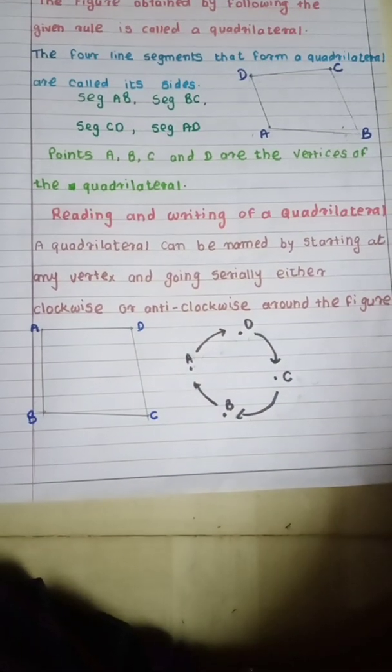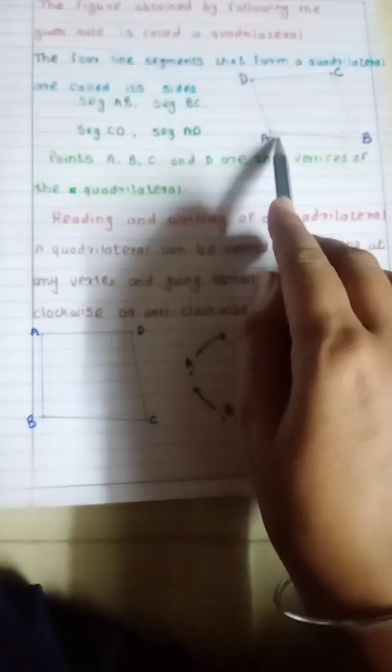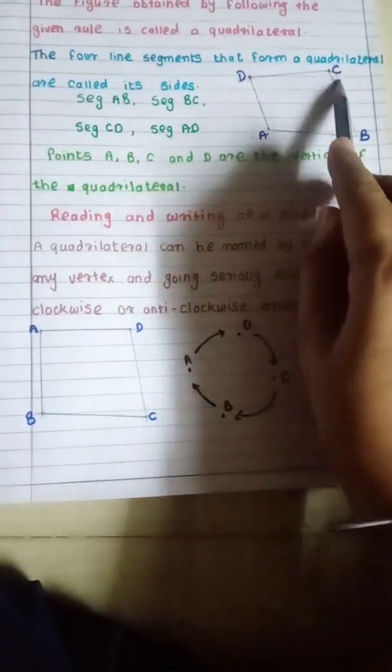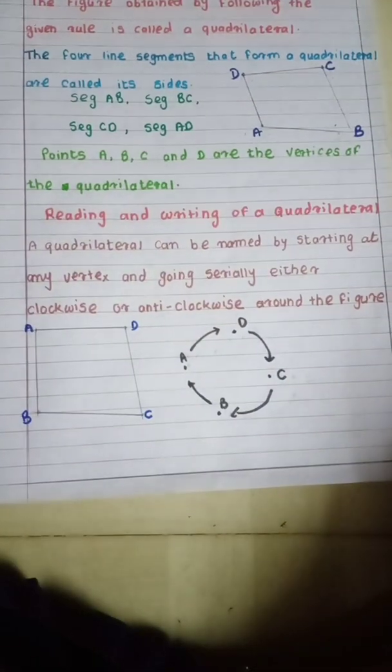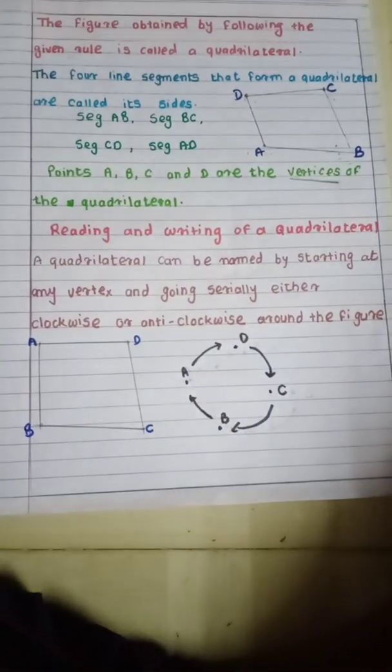These are known as the sides of the quadrilateral. And students, the points A, B, C and D are known as the vertices of the quadrilateral.